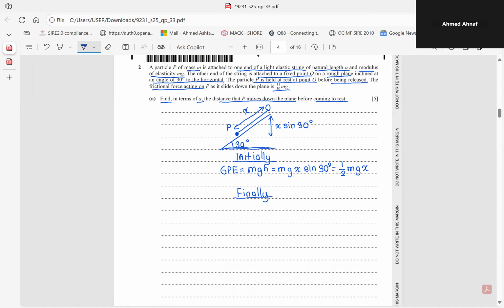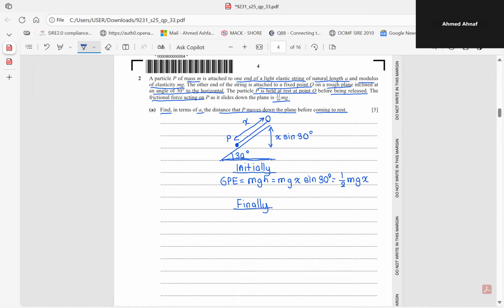Now let's find the total energy at P. Finally at P, since it came to rest at that point, there's no KE. There is obviously no GPE because we are measuring the GPE relative to this final position. So the only energy that we'll have is the work done against frictional force as well as elastic potential energy.